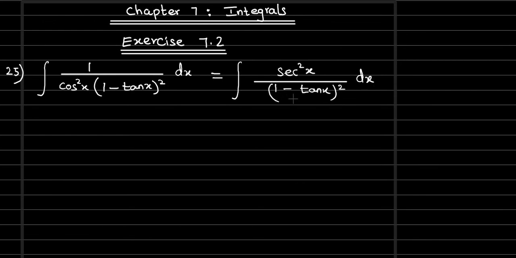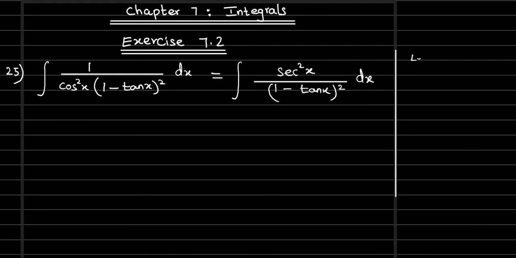As I told you before, the constant term differentiation is 0, tan x differentiation is secant square. So we have the derivative of the denominator's inside part in the numerator. The denominator part 1 minus tan x we are going to consider as t.